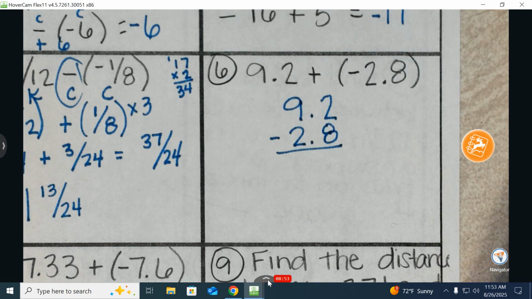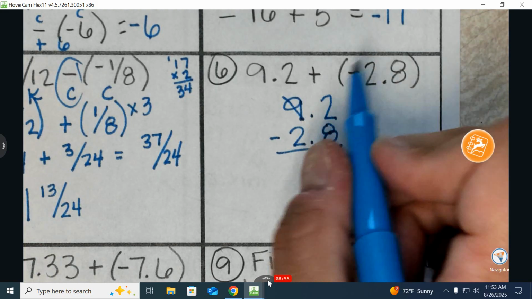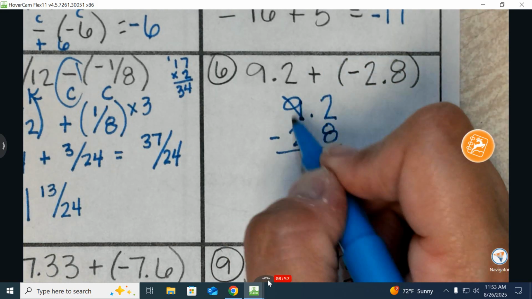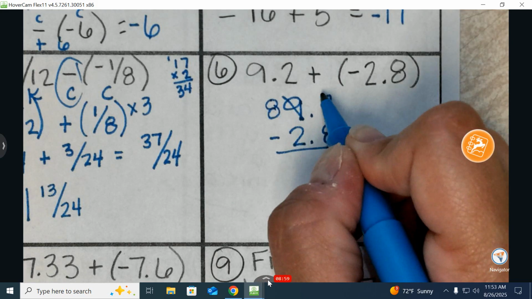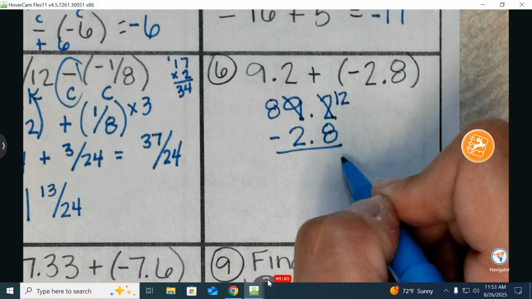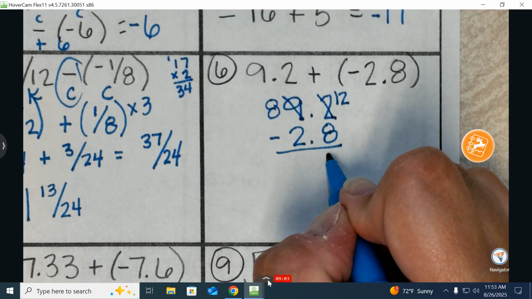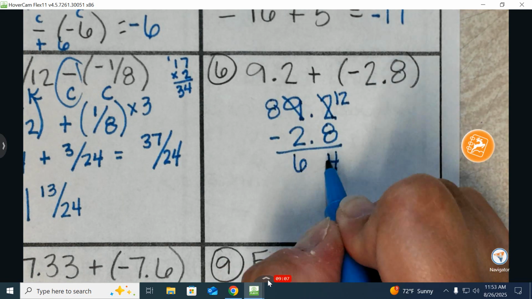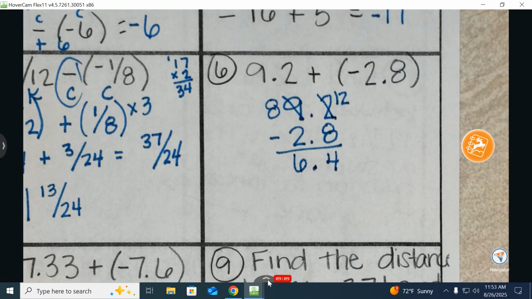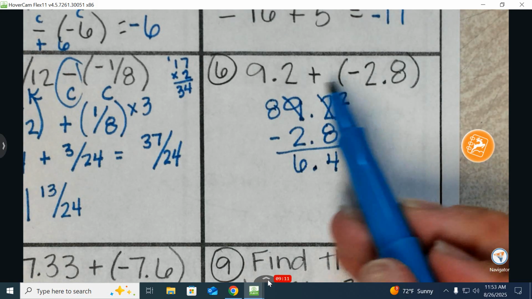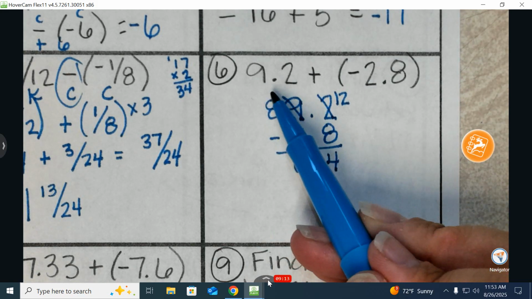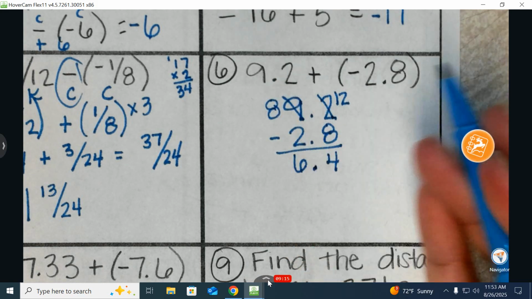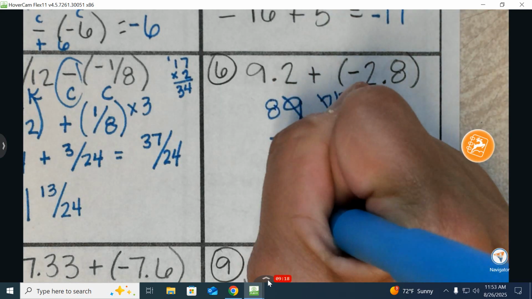So I'm going to subtract, have to borrow, that becomes an 8 and that becomes a 12. 12 minus 8 is 4, and then 8 minus 2 is 6. So it's 6.4. Then you still have to look and see which one has a larger absolute value. The 9.2 has the larger absolute value, so it's going to be positive 6.4.